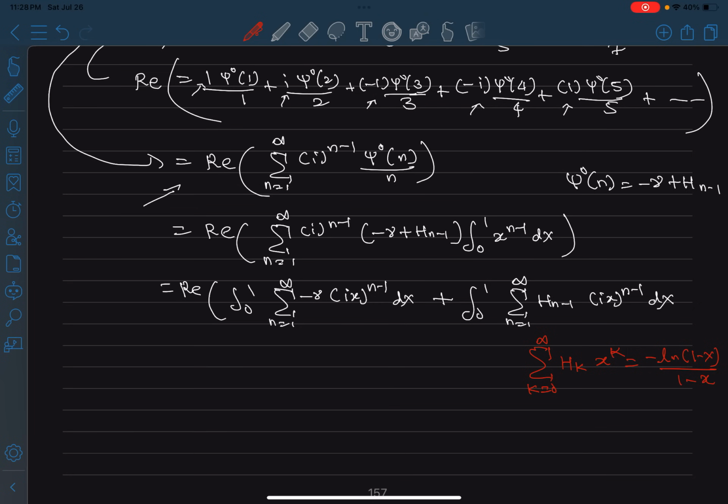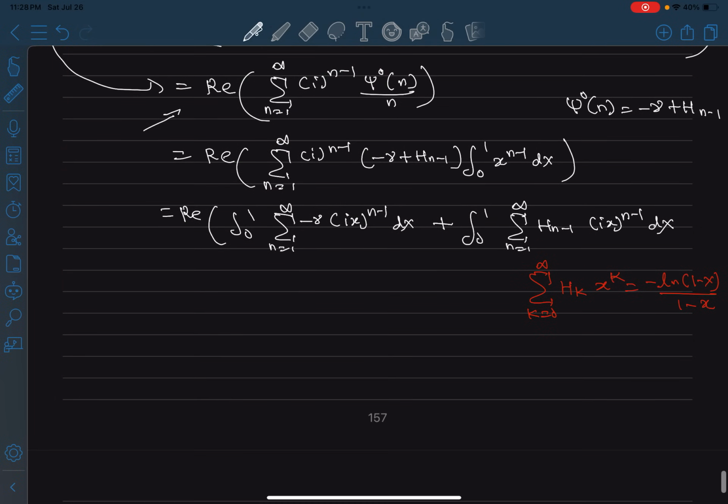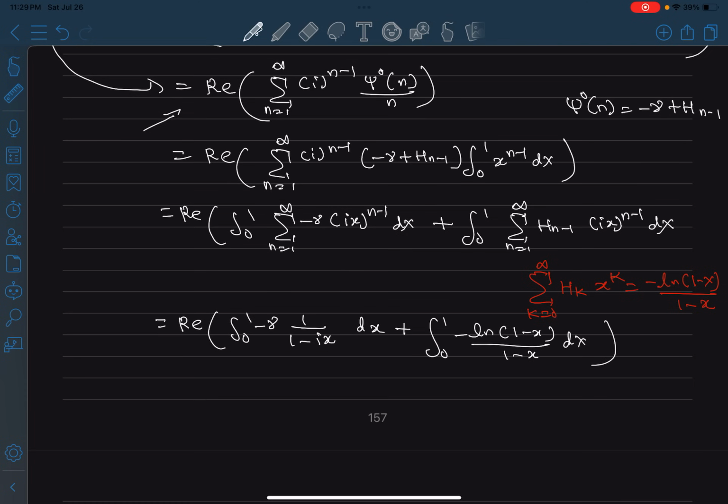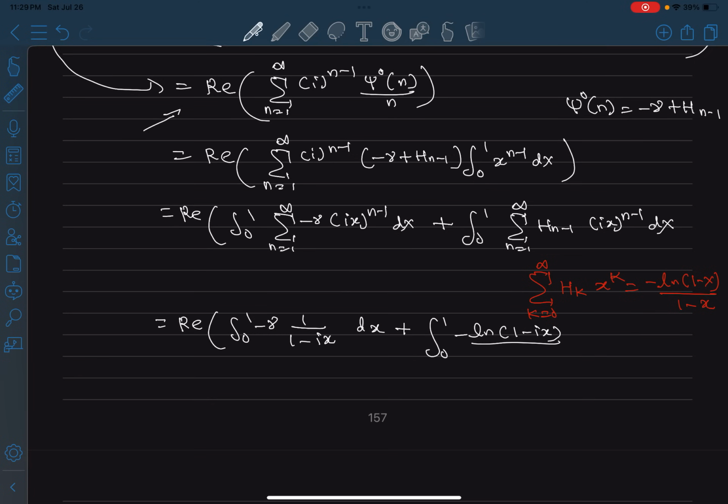We're going to use this standard generating function, and if we do that, what we will get is the real part of the integral from 0 to 1 of minus gamma. If I use the geometric series, I will have 1 over (1 minus ix) dx plus the integral from 0 to 1 of minus ln of (1 minus x) over (1 minus x) dx. Sorry, ix, not just x. In this case there's ix, so minus ln(1 minus ix) over (1 minus ix).